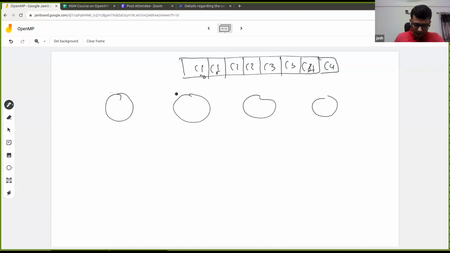But after this, let's say each core performs some addition operation. What it might need to do is share the results. So core 2 might need to share its summation result to core 1. Core 1 will get the summation result of core 2 and add it to its own sum. So let's say it was S1 here, then it will do S1 plus S2.